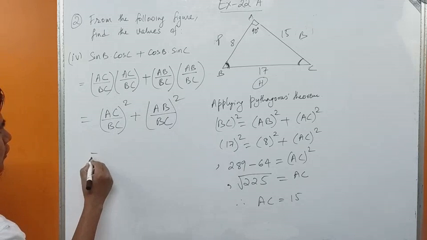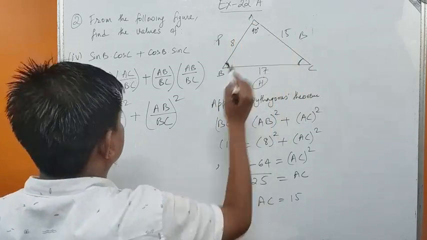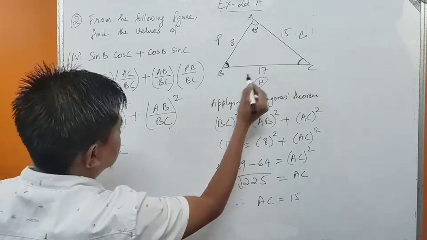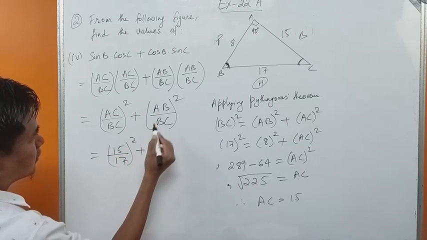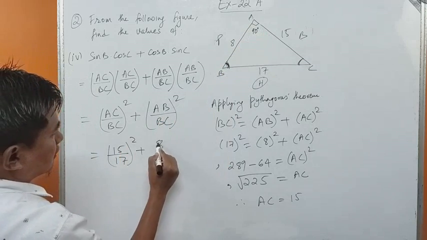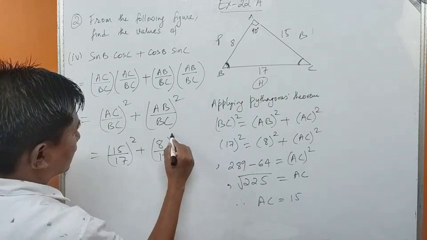Okay, so let us put the value of AC. AC is 15, and BC is 17 whole squared, plus AB is 8, and BC is 17 whole squared.